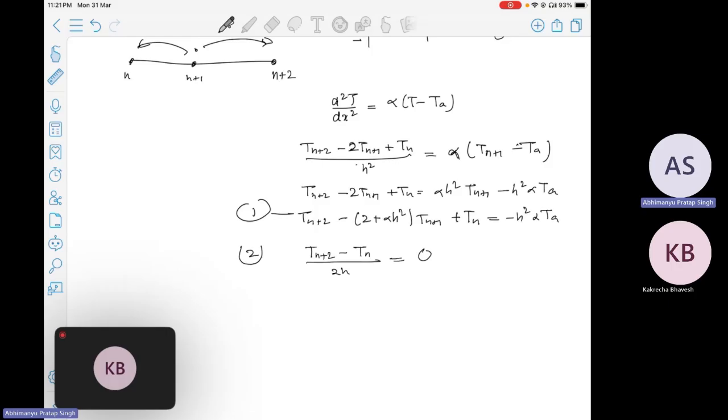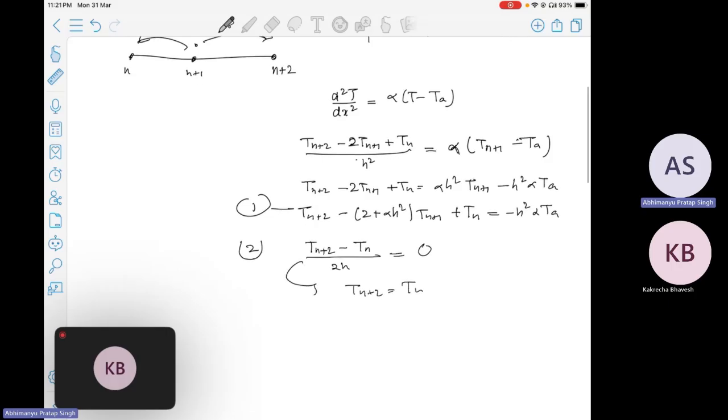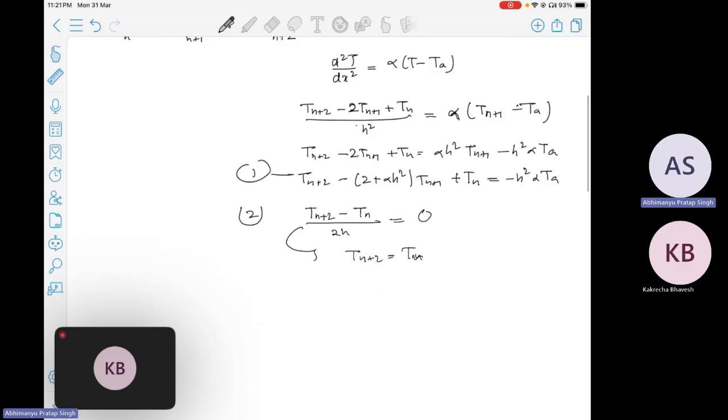Fine. So from this we get Tn plus 2 is equal to Tn. This is our equation 2. So we have two equations. We got this term, Tn plus 2 is equal to Tn. Just need to put this into this equation.